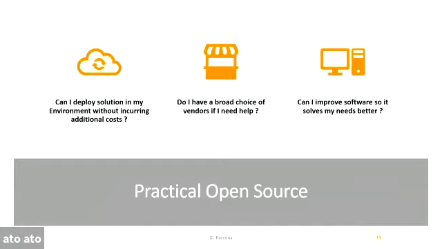And what that means for me is that I can go ahead and deploy that solution without incurring additional software costs wherever I need to be. Right? It's probably going to be in the cloud, on prem, on my own laptop, right? That is one criterion. The second is, do I have a choice of vendors to get help from?